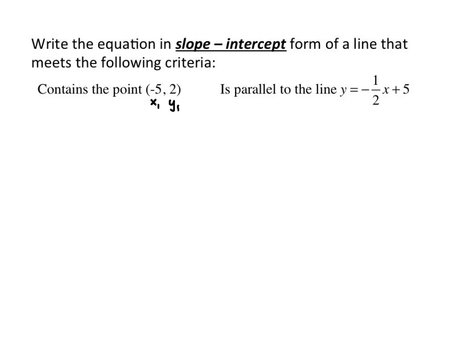What we really need is the slope, and that's what this piece of information is asking us to find. It's asking us to find the slope of a line parallel to the line y equals -1/2 x plus 5. Now, I can see the slope of the line right here. Here's our m value, -1/2.